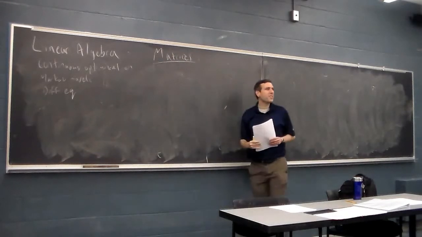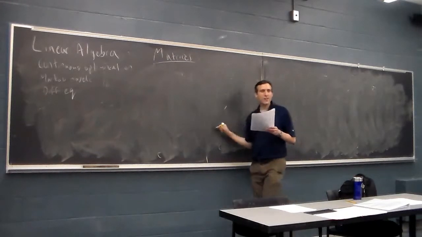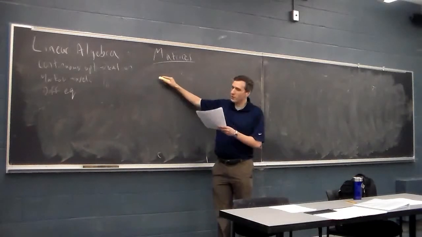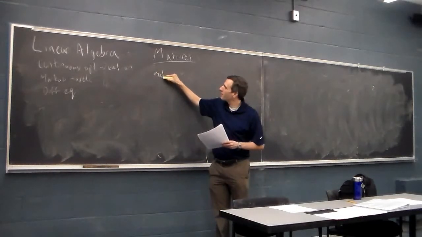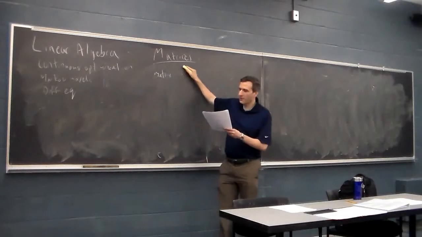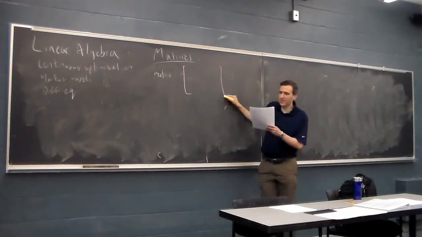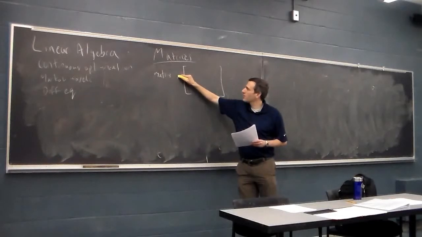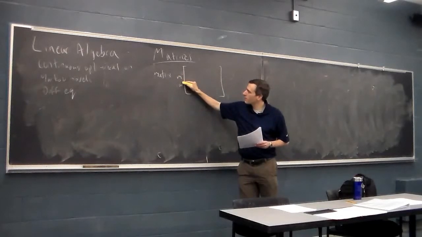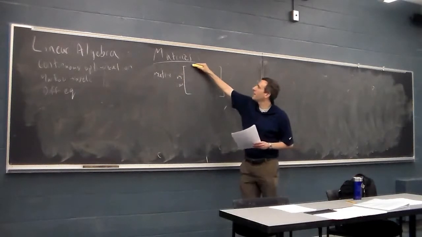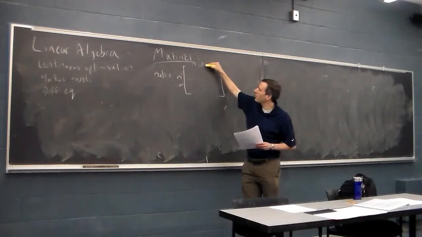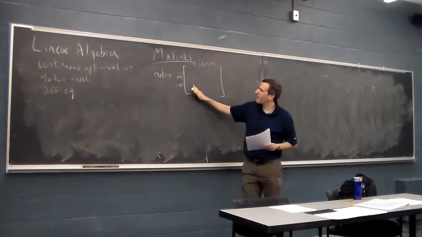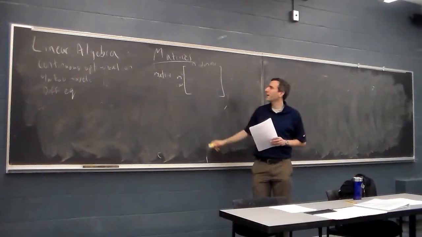So matrices in the general case can be thought of as a set of two-dimensional arrays. So a matrix we would commonly write in brackets like this. It would have some number of rows, which we'll call m, so m rows running from top to bottom, and then some number n of columns. Basically, columns run top to bottom, rows run left to right.